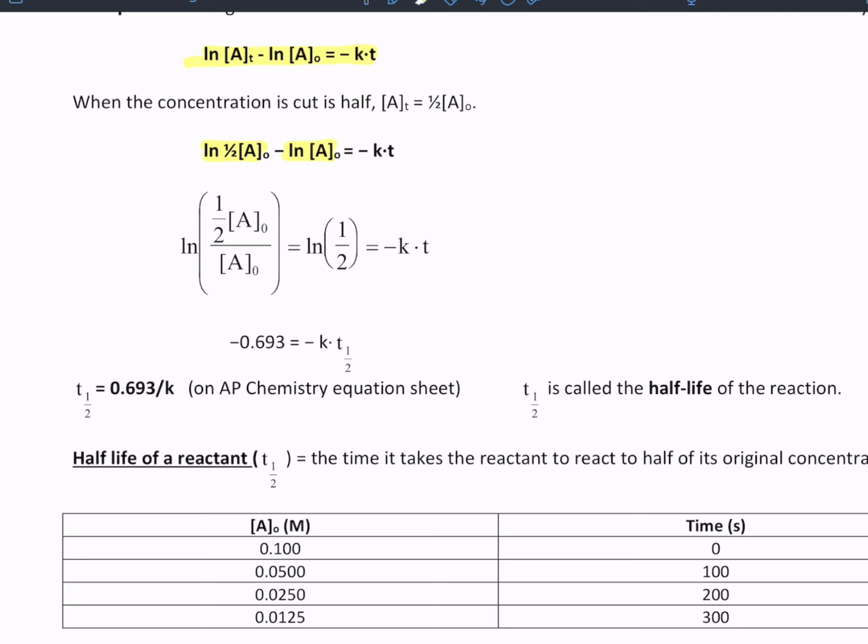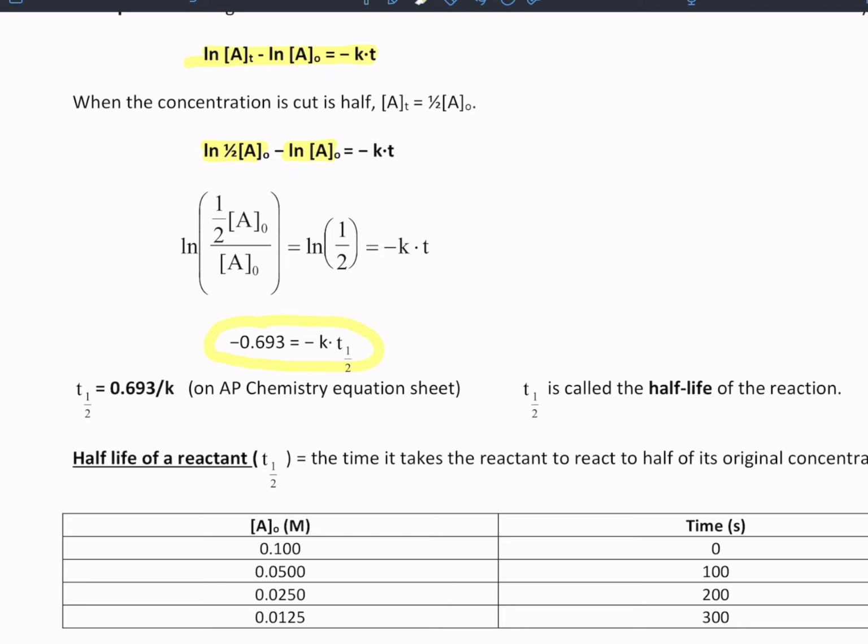We plug this in. We're going to solve for one half of A over A, and take the natural log of that. That's going to be equal to the natural log of 1/2, and that's going to be equal to negative k times t. So that's going to give us negative 0.693 equals negative k times t.